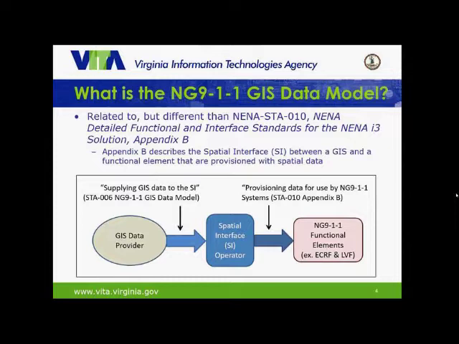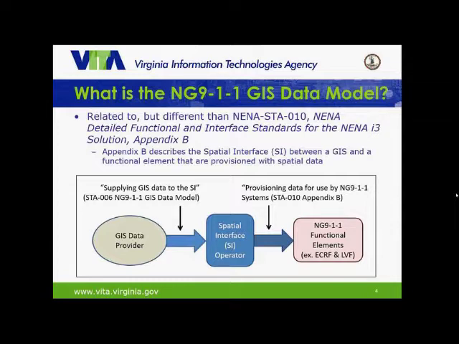So this document, the GIS data model document, is part of a series of different NENA standards and best practices that have been released over the past several years. The main guiding document that NENA has for next generation 911 is called SA 010.